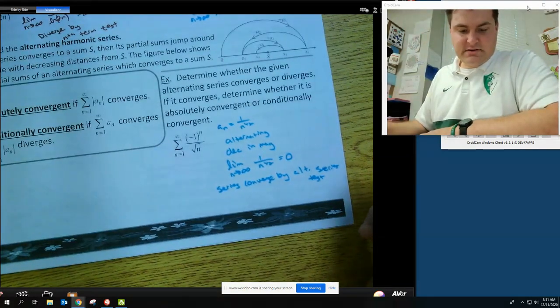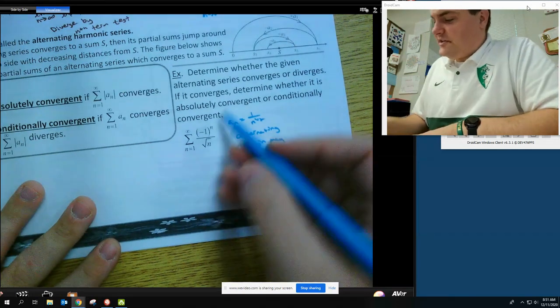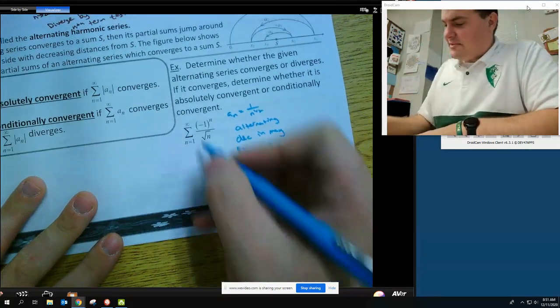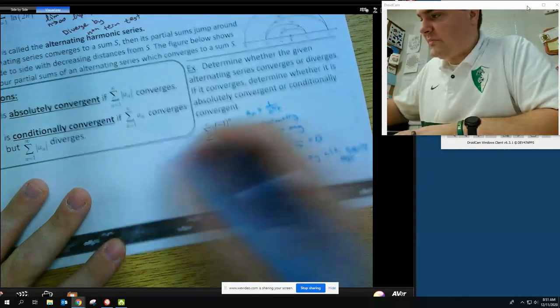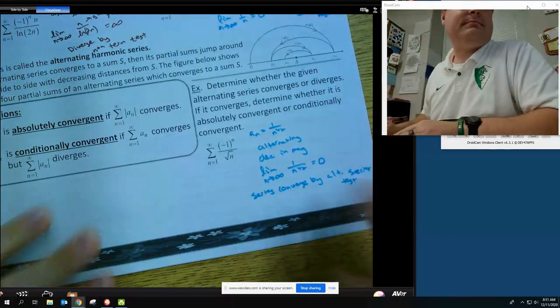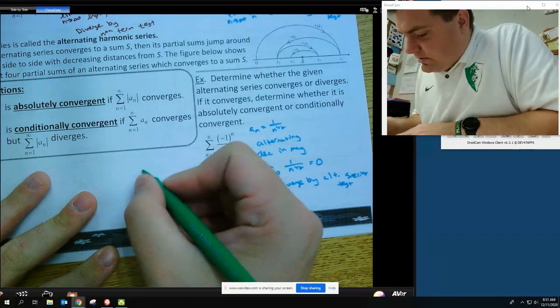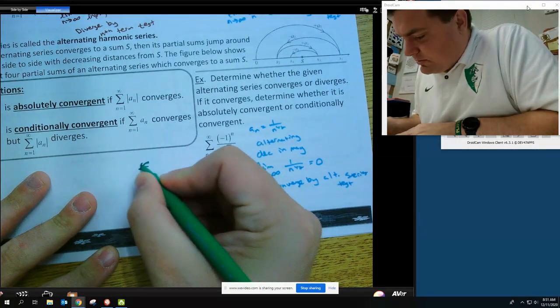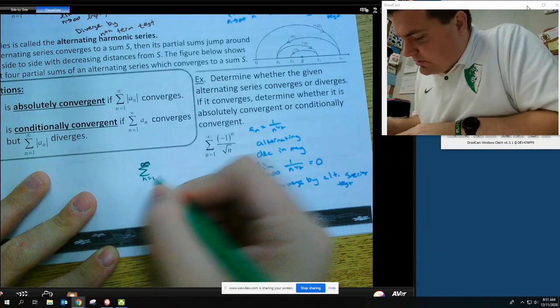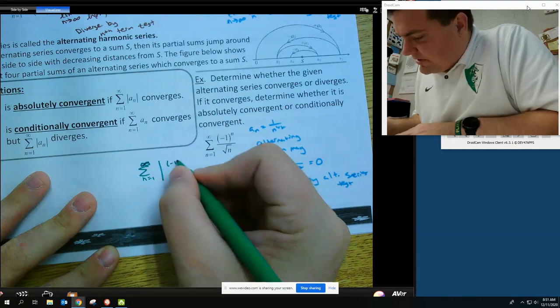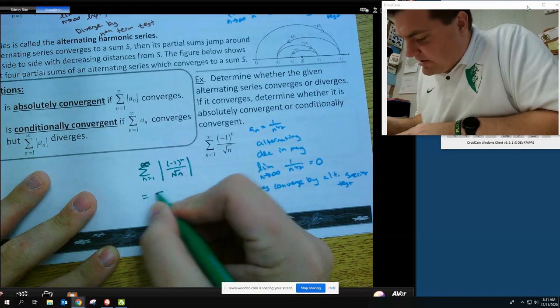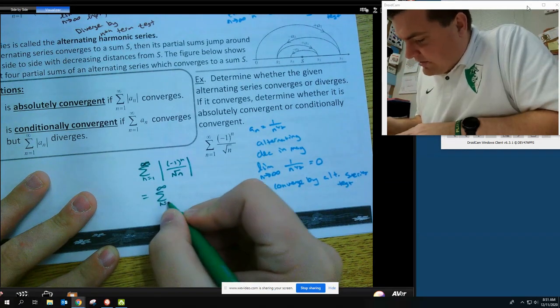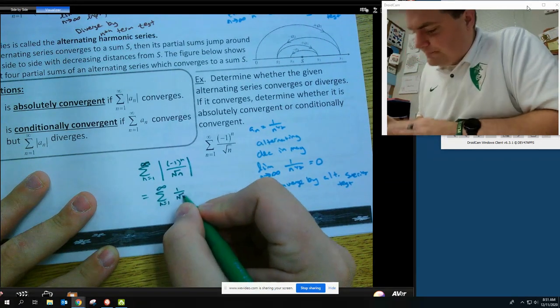Okay. So now if I want to find out if it's absolutely convergent, I'm going to take the absolute value of this. So when I take the absolute value, do that in green, of this right here, that's actually going to give me this guy right here, 1 over root n.